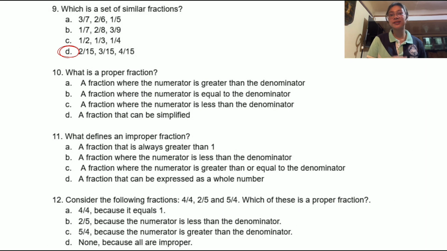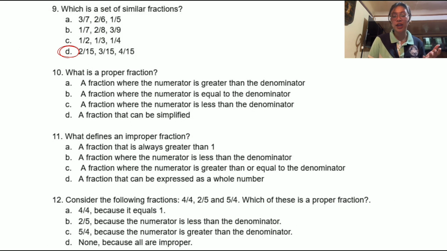Because it is a similar fraction, and when we say similar fractions, they are also called like fractions. They have the same denominator. So among the given options, only 2/15, 3/15, and 4/15 have the same denominator, which is 15, making them similar fractions. All other sets have different denominators.